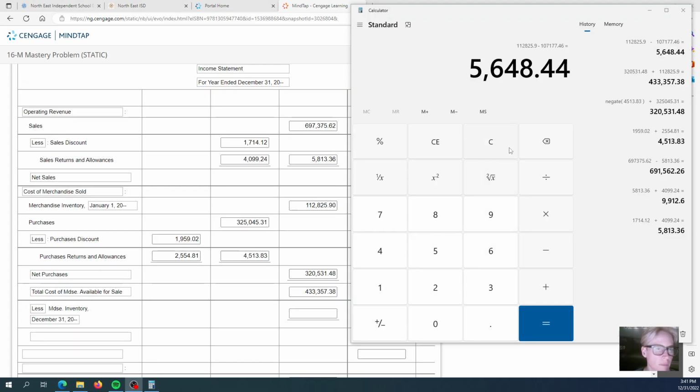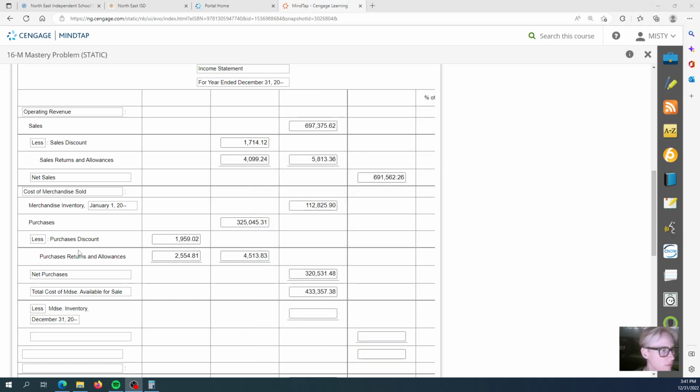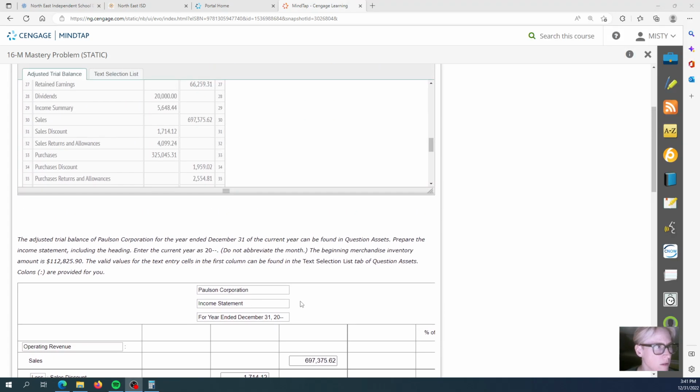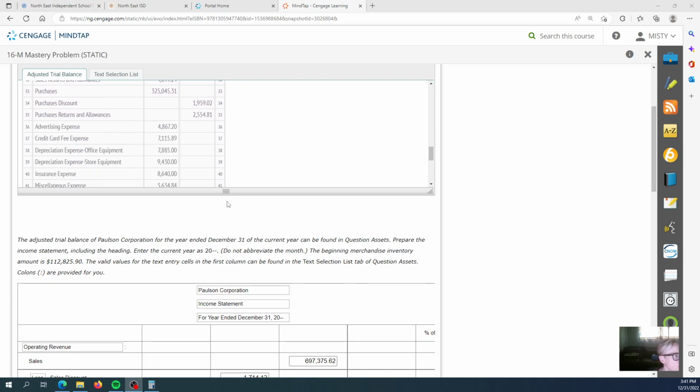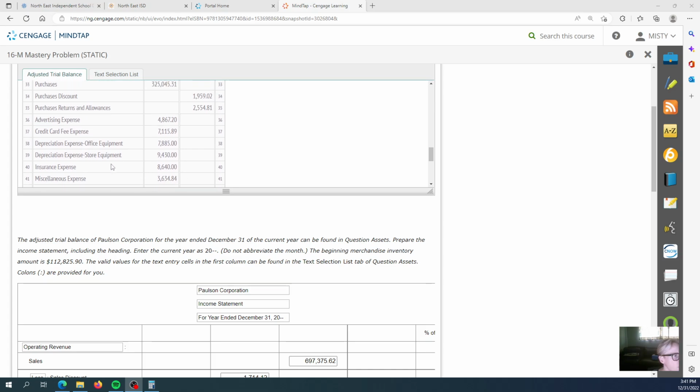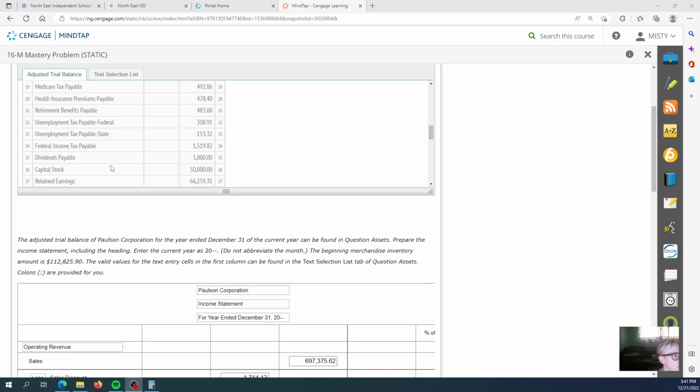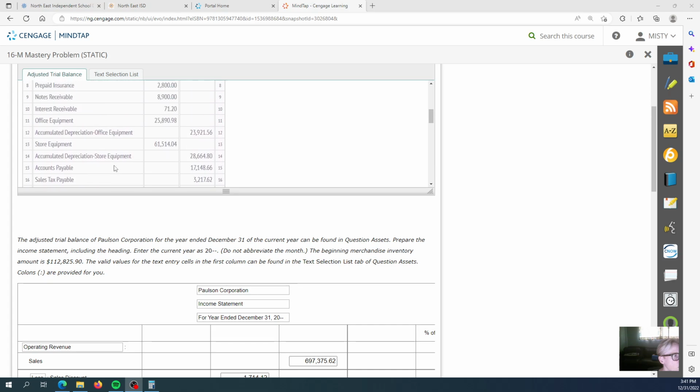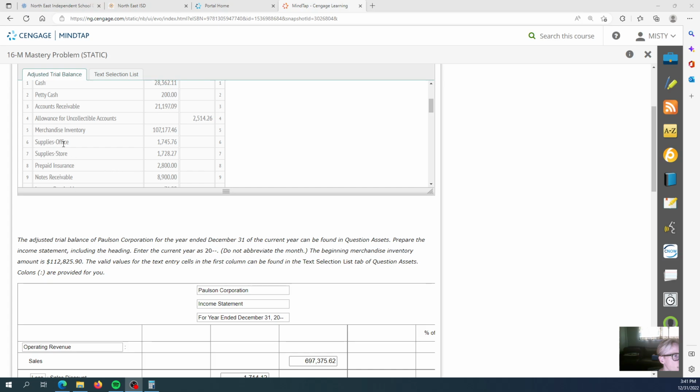All right. So let's go up here. All right. So in order to find this number, remember when I went back to those categories and we talked about merchandise inventory right here. Okay, merchandise inventory. This is on our adjusted trial balance.